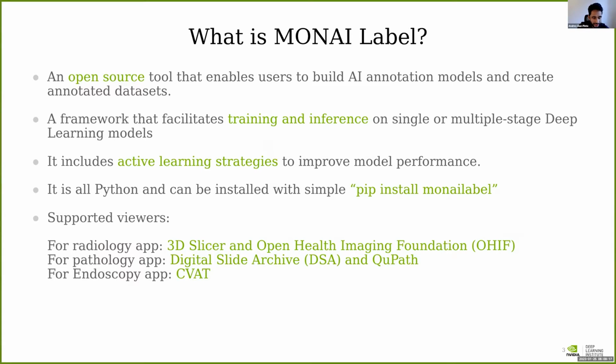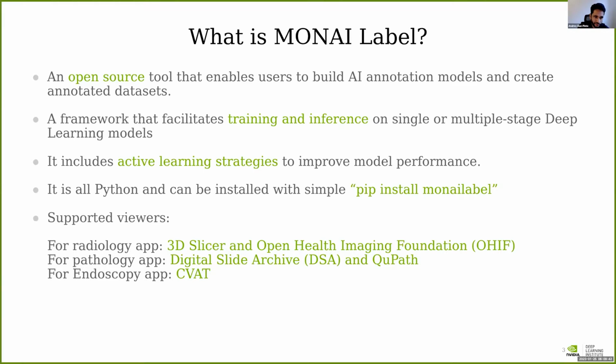And this library also includes active learning strategies to improve model performance. So you can use the ones that are available there based on uncertainty. I'm going to provide more details at the end of this part. The good thing is everything is written in Python. With a simple pip install monailabel, you can start playing or training models with MONAI Label, right?